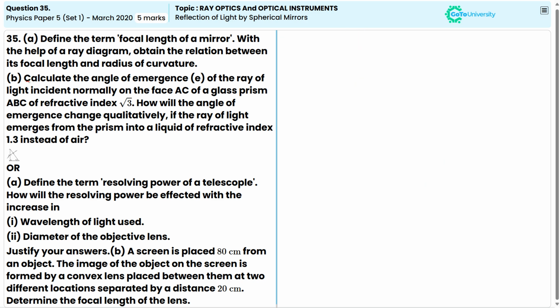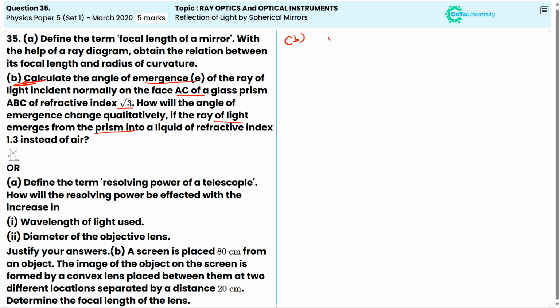Now we'll discuss question B. The question is: calculate the angle of emergence e of the ray of light incident normally on the face AC of a glass prism ABC of refractive index √3, and how will the angle of emergence change qualitatively if the ray of light emerges from the prism into a liquid of refractive index 1.3 instead of air.